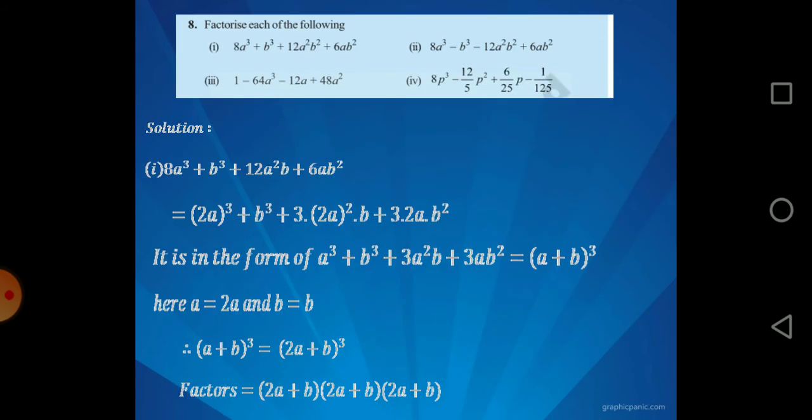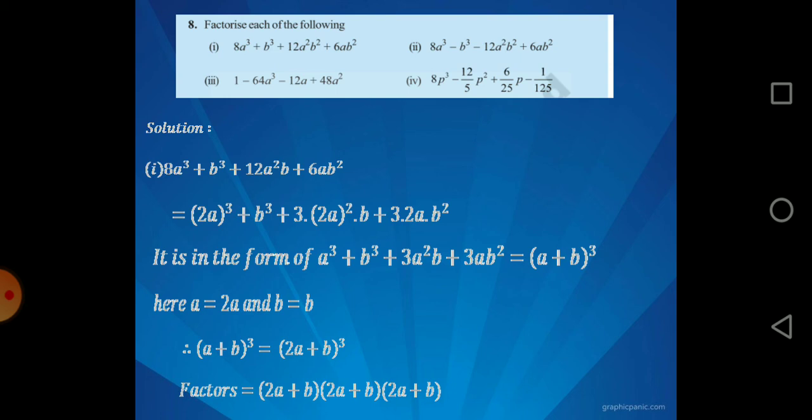Now let us see the problems based on exercise 2.5. Till now we have completed 7 problems, and in the 8th question the first one is 8a cube plus b cube plus 12a square b plus 6ab square.